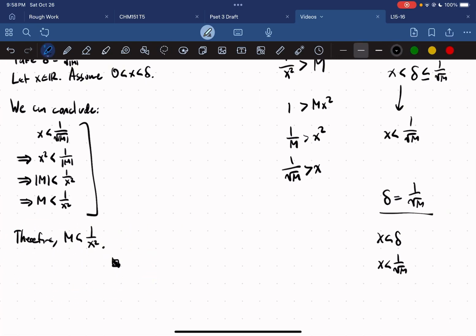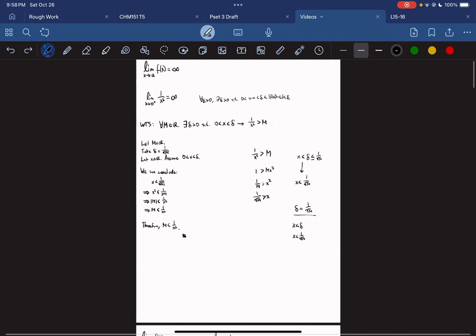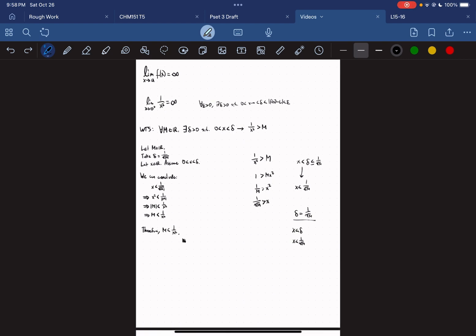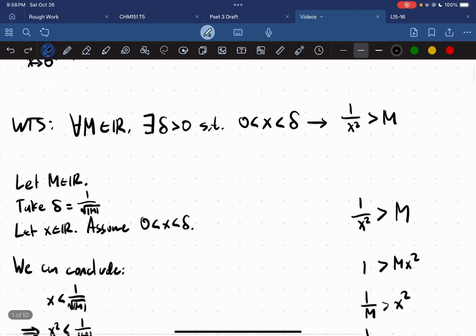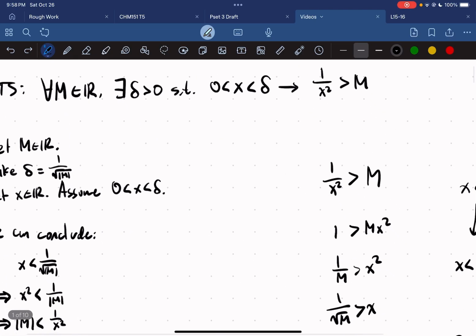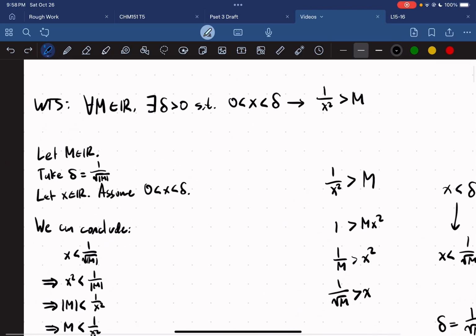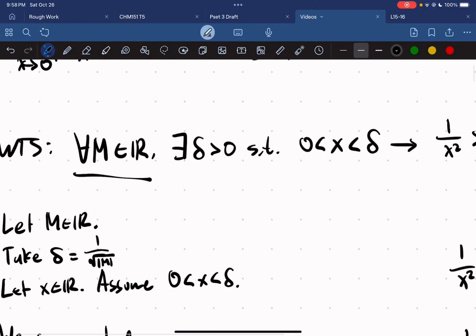Either way, you just need this part, right? So actually, this proof is pretty simple compared to other ones. Yeah, I mean, in my opinion this is actually easier compared to an absolute delta proof. But the key takeaway is defining m instead of epsilon as just any real number.